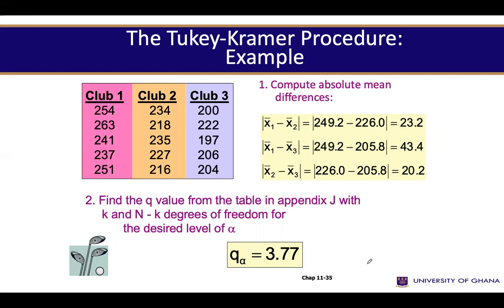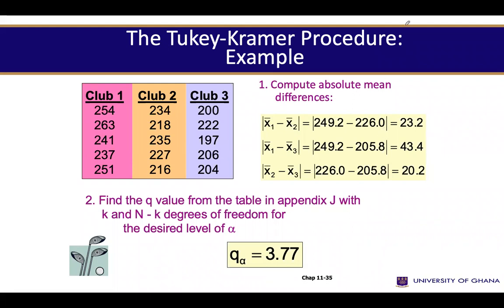I hope that is okay. Here you have only 3 clubs, so we are just going to have 3 pairwise comparisons: club 1 and club 2, club 1 and club 3, and club 2 and club 3. Basically, that is what we are going to have.